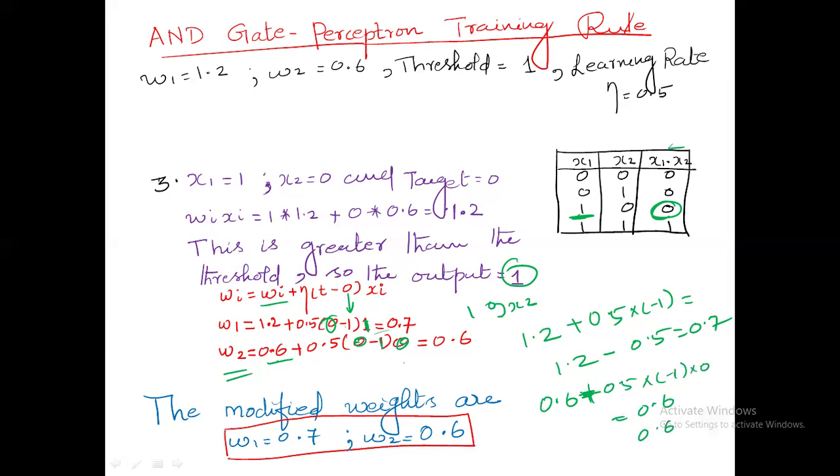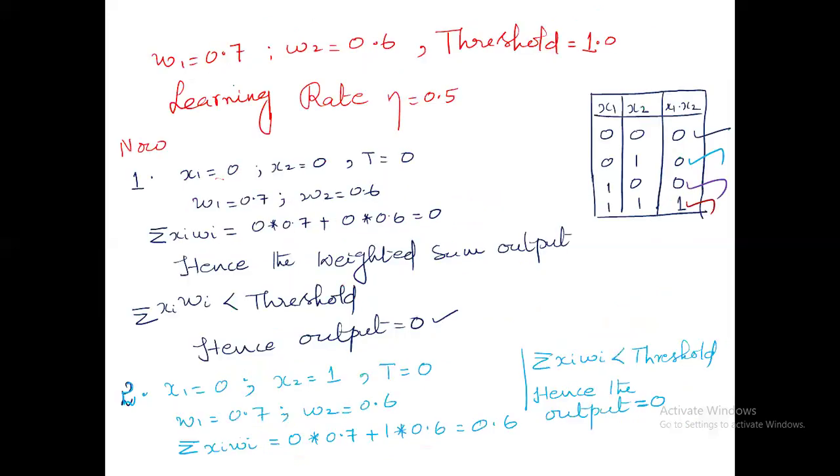The 0.6 we are getting, and for this updated weight value we have to pass the input 1 0 one more time. The modified weights are now 0.7 and 0.6, and the learning rate is 0.5.